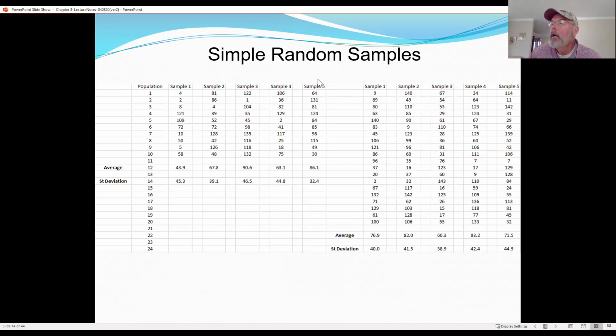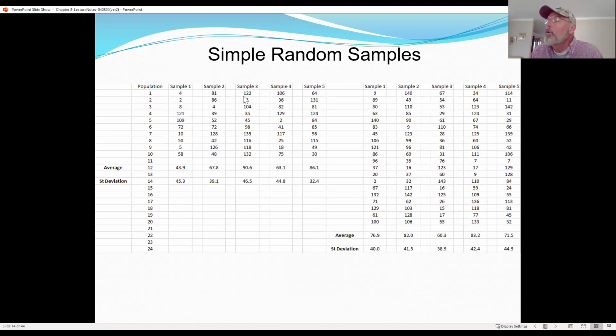So there's a lot of variability in the samples when they're generated from a population. That's to say that sample 1 will not look like sample 2. Okay, there's a lot of variation.